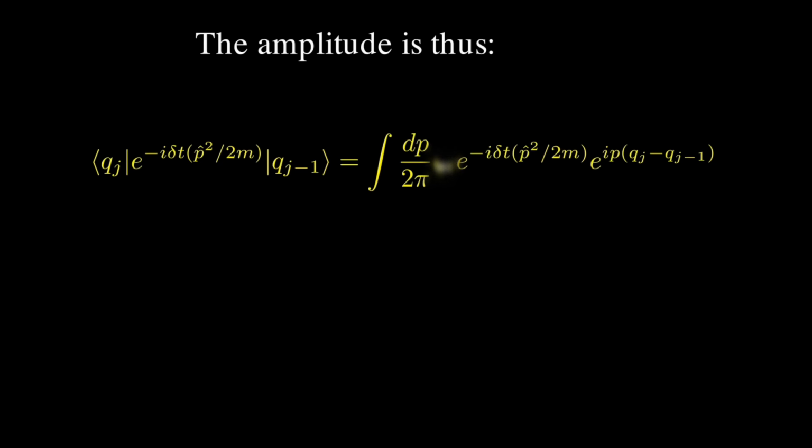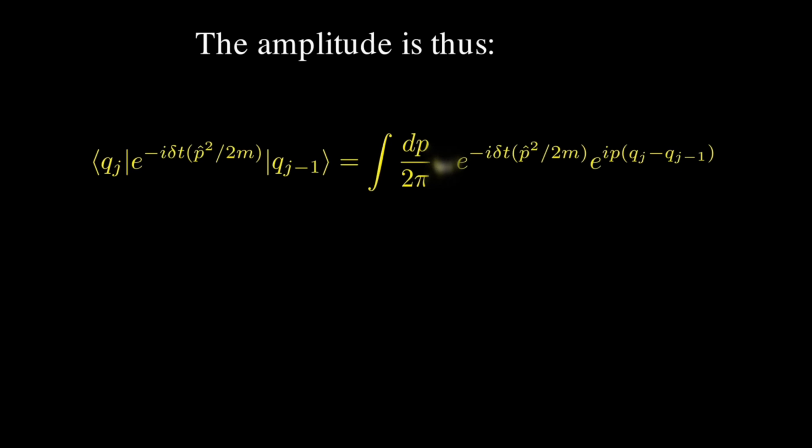And this integral is just the Gaussian integral we know from calculus. There are many ways how we can solve this integral. And sorry for the mistake here, there should be no qj before the exponential function. So it's just the integral over momentum of an exponential function of p squared and the other expression that involves p. And we can of course complete the square to convert this integral into a Gaussian normal form, and we know how to integrate the Gaussian.